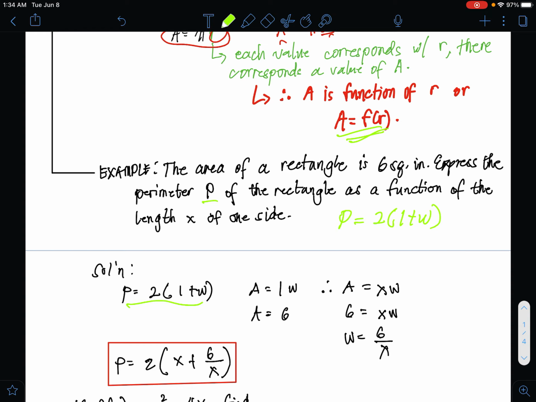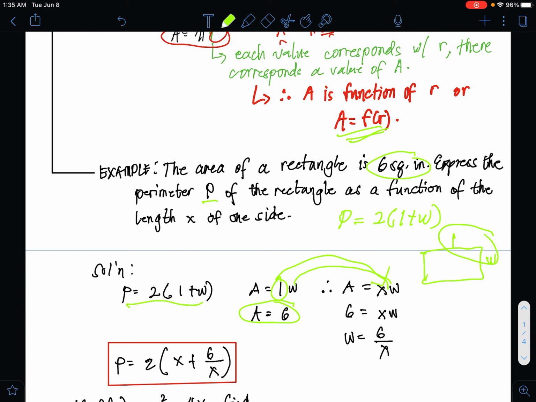The area is 6. Area is length times width in a rectangle. According to the problem, the length will be x, and the width is w.